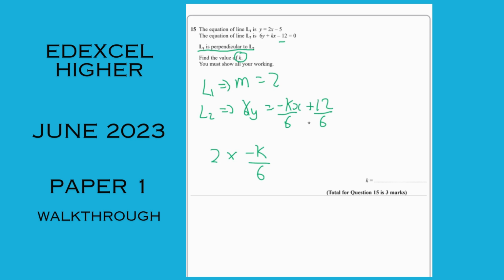They must multiply together to make -1. So the 2 and the 6 cancel. We treble both sides. Minus k equals -3. So k must equal 3.